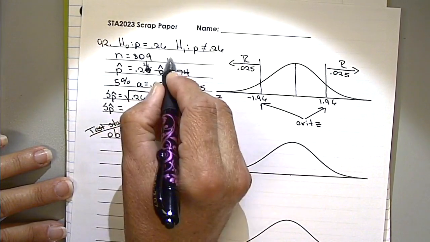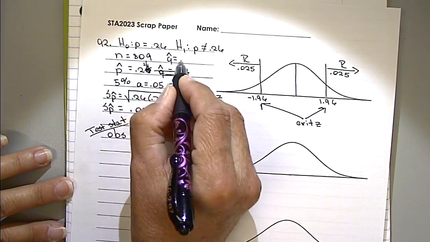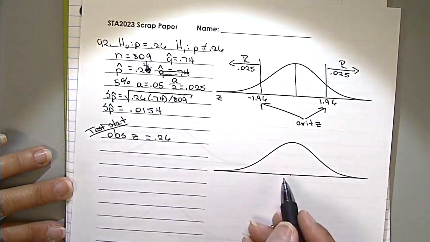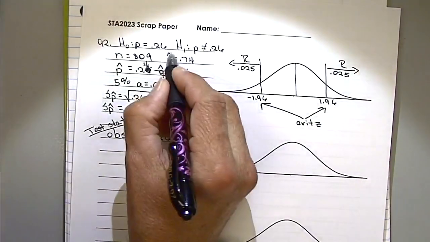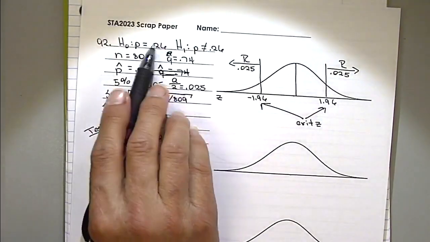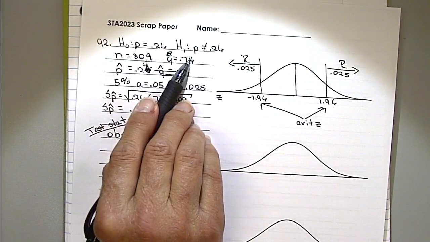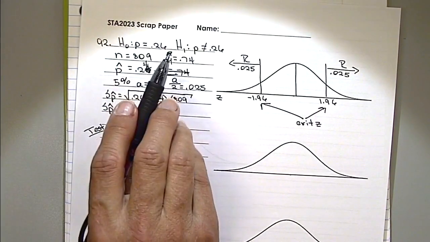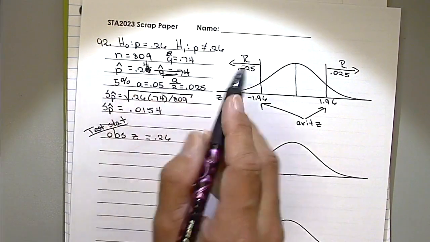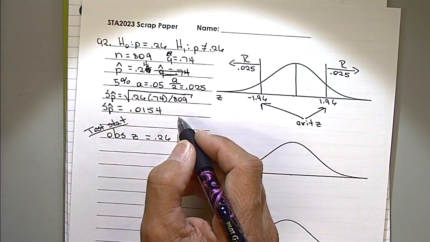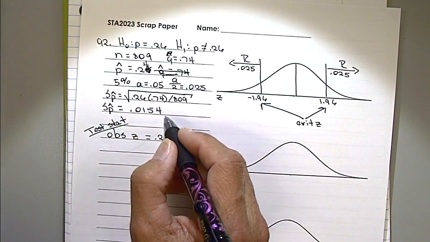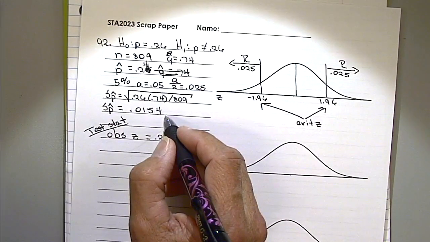What I'm using is p and q, okay? That makes more sense now. I am multiplying to get the standard deviation of p hat using p and q, not p hat and q hat. And like I told you, it gets confusing. Watch your formula sheet for these, okay? So you calculate them correctly. I think I need more cold medicine is what I think I need. But I think my calculations are going to be right because that's what I did in my notes.